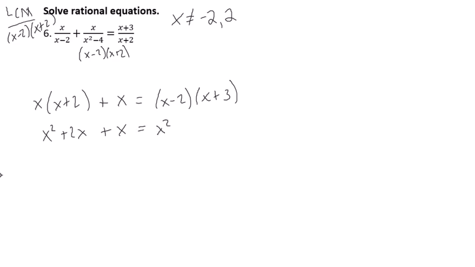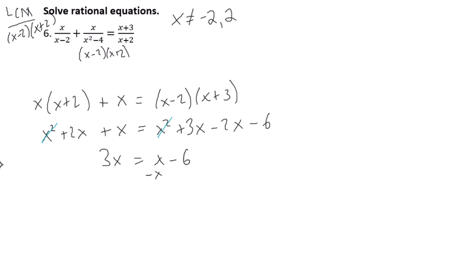We get x squared plus 3x minus 2x minus 6. And just like before, if we subtract x squared from both sides, that's gone. 2x and x, let's go ahead and combine like terms. We get 3x equals x minus 6.